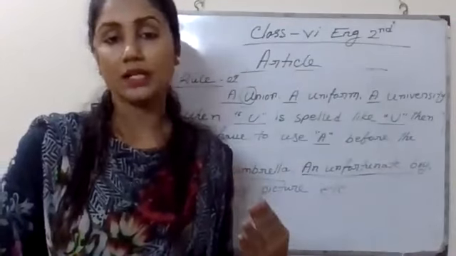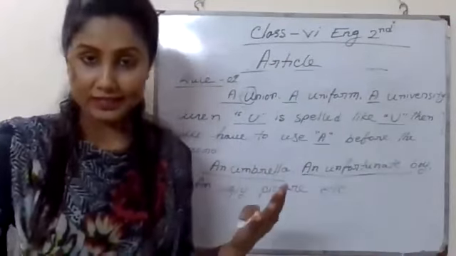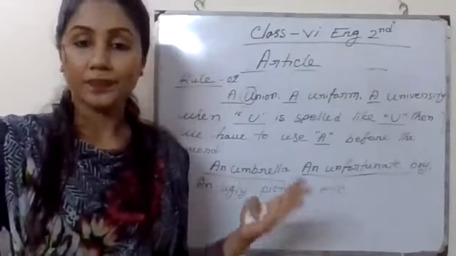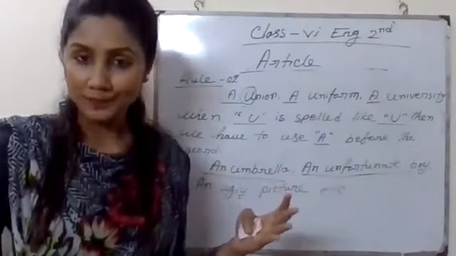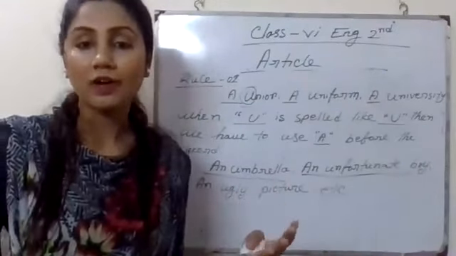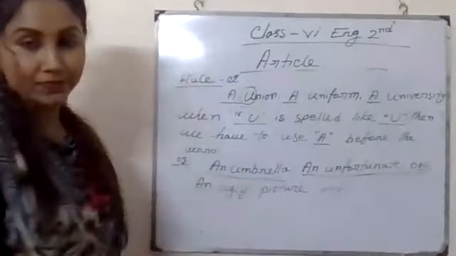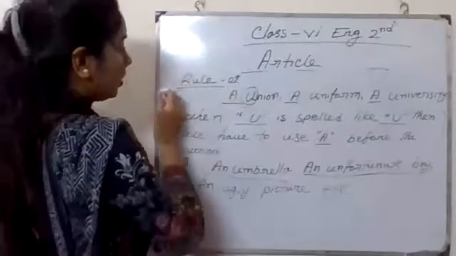Unfortunate, umbrella, ugly. So this U, or this vowel, sounds like A, and A is also a vowel. That's why we are using AN here. So it is clear? Okay.